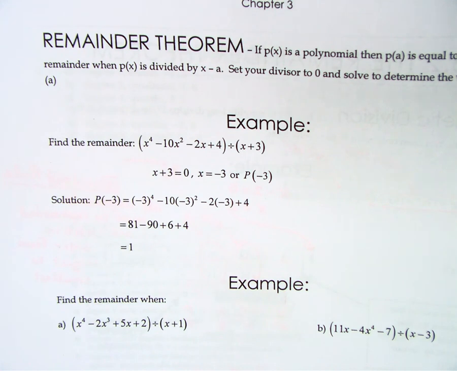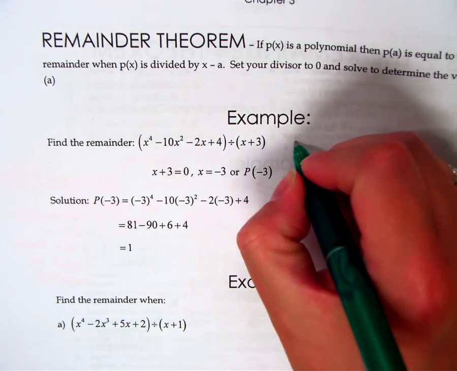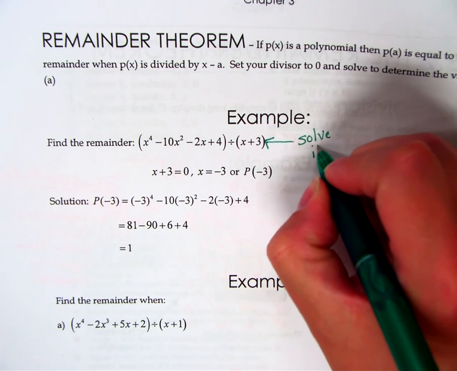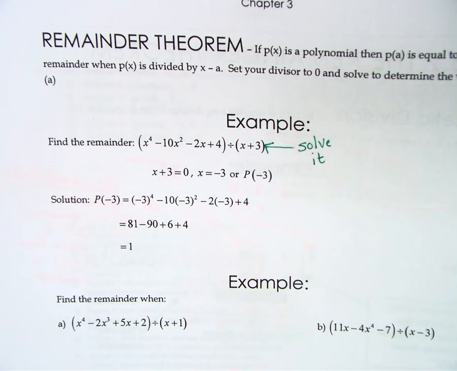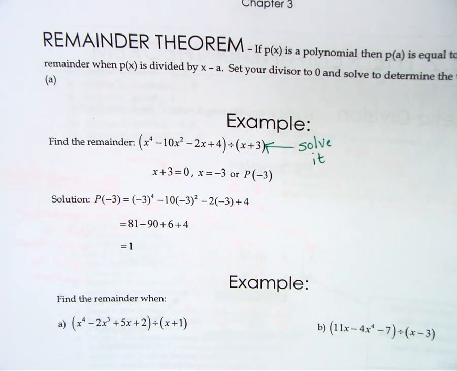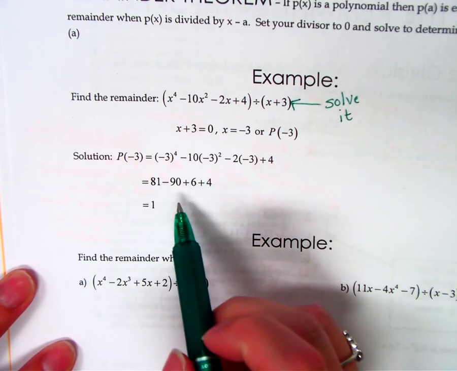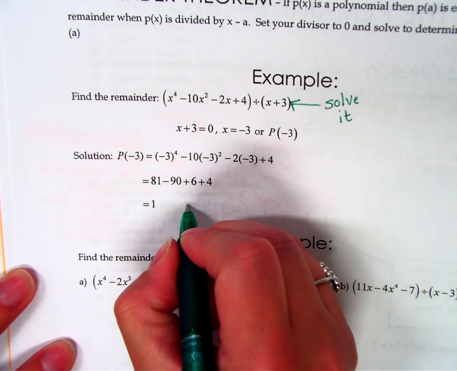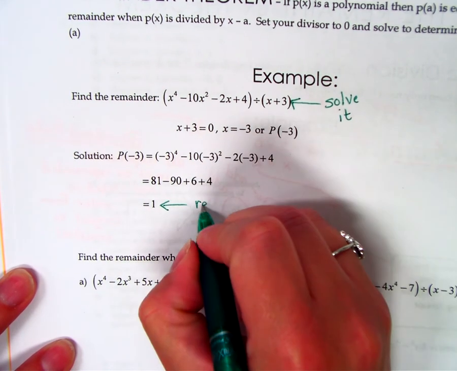The faster way to do it, if I'm just asking for the remainder, is to solve your divisor, and then substitute that in as the x value. So if I substitute in -3 everywhere, what is left here is your remainder.